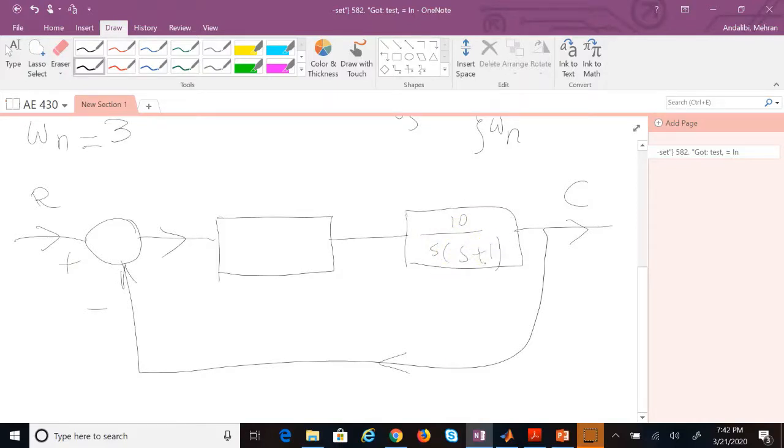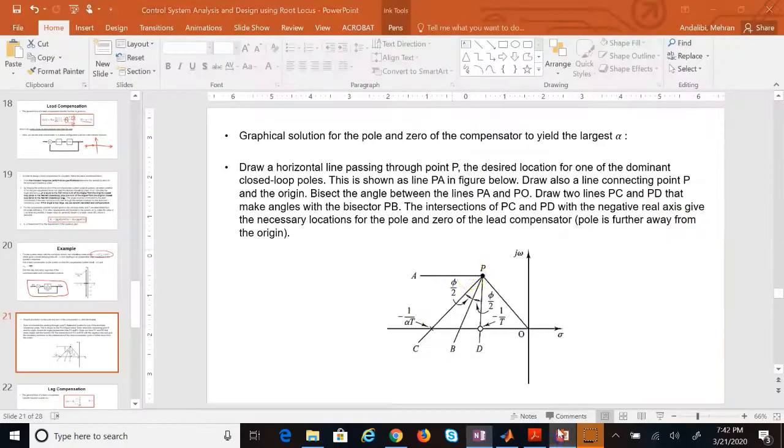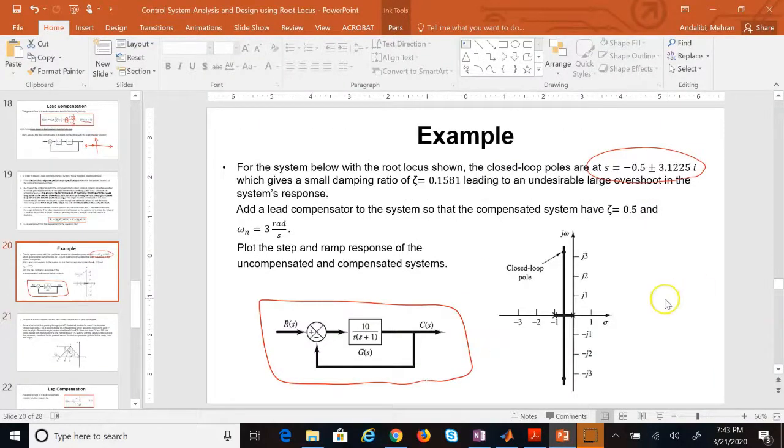Now I add a lead compensator behind it, which has the form Kc times (s plus 1/T) divided by (s plus 1/(alpha T)). By adding this lead compensator, I force the root locus that was like this originally to be reshaped such that it passes through those two interesting points.